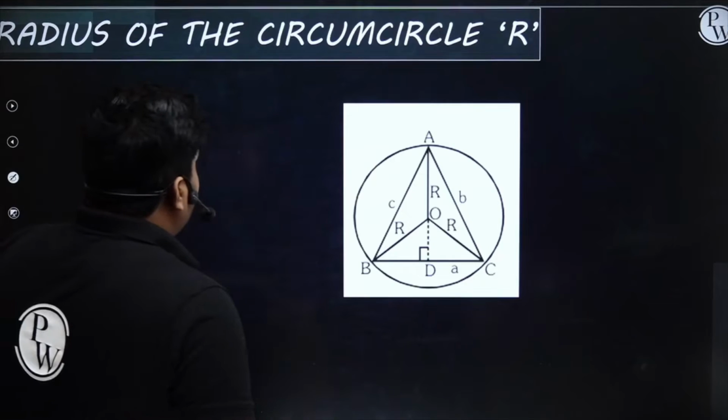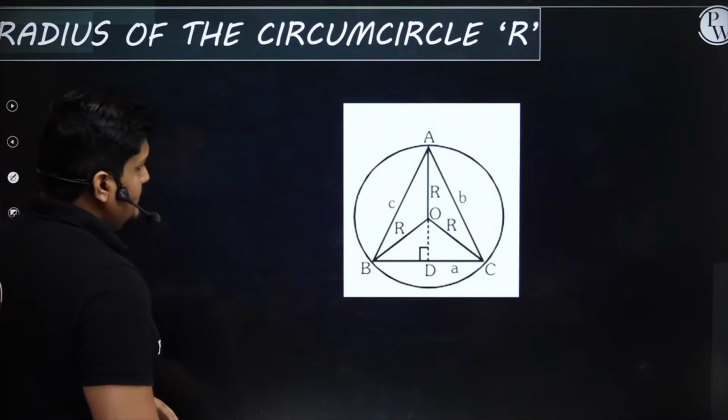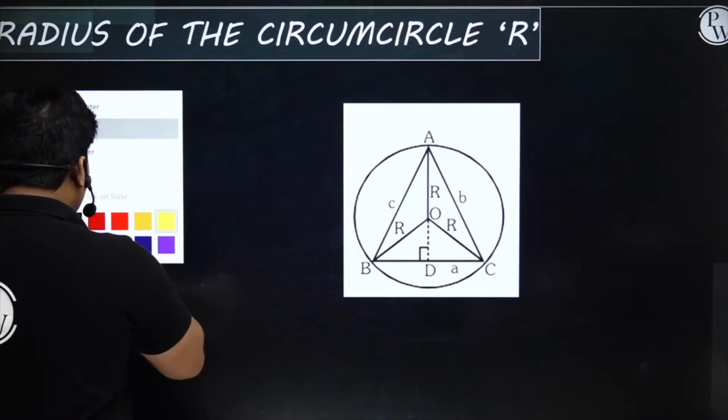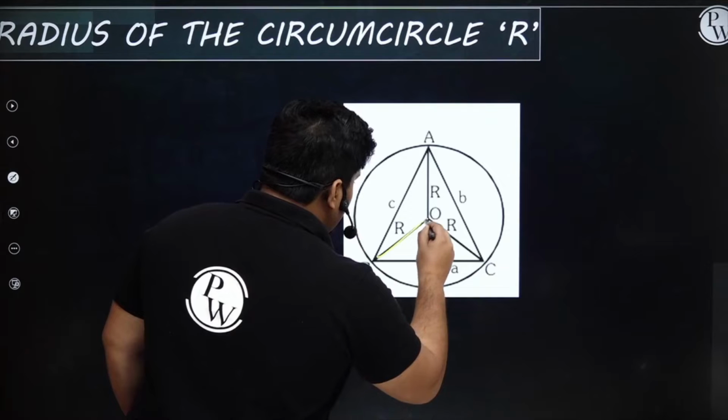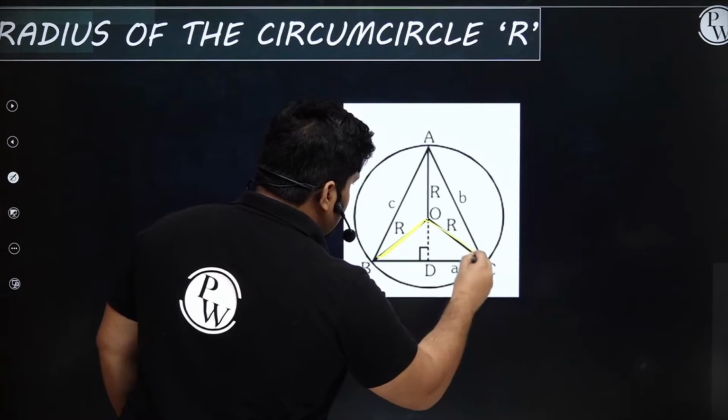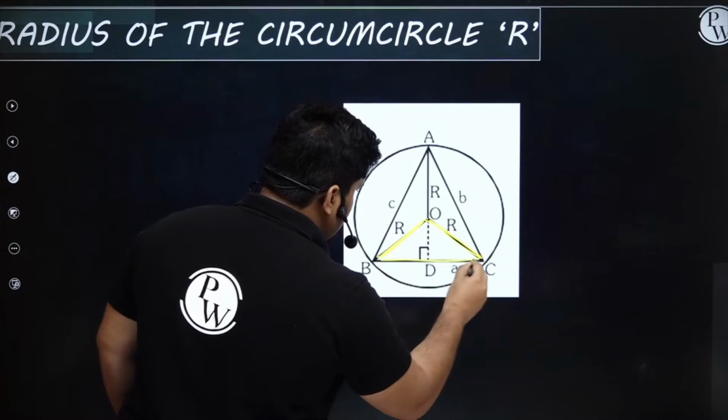Moving on. Now, the radius of the circumcircle, guys. We can derive the result here. Radius of the circumcircle, R. Just look at this triangle.